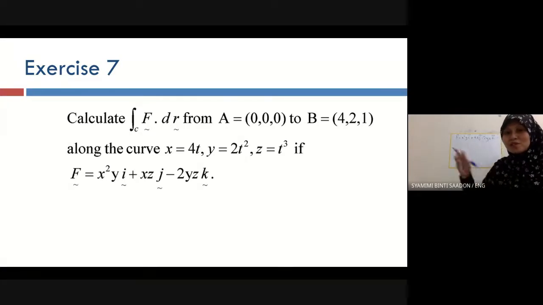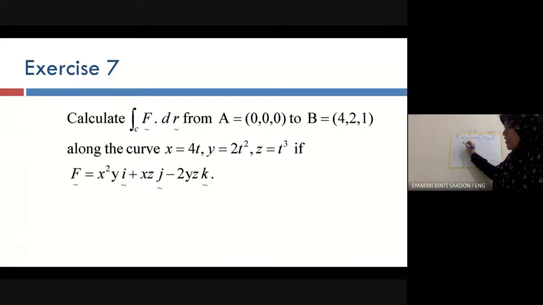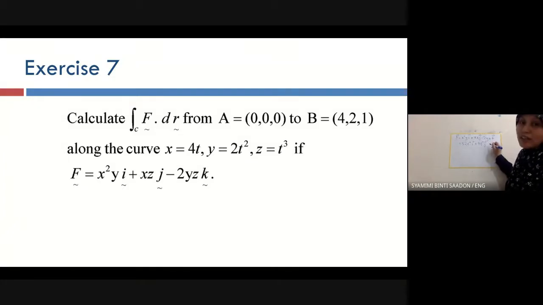So just substitute x, y, and z in terms of t just now, and then you get 32 t power of 4 i plus 4t power of 4 j and minus 4t power of 5 k.